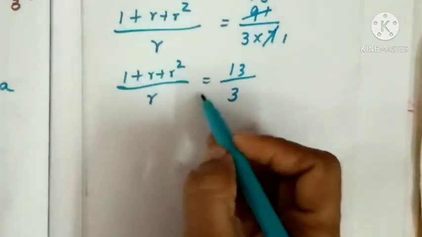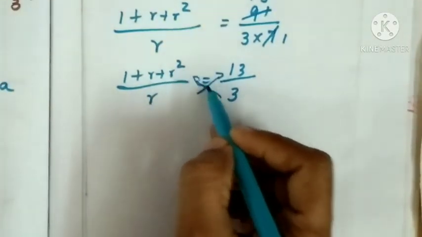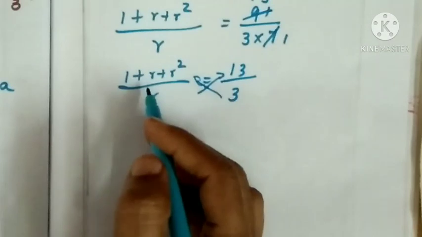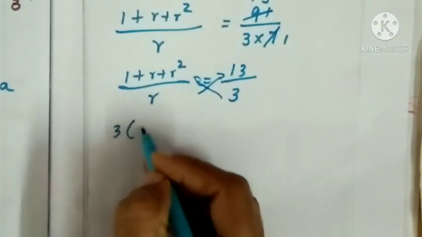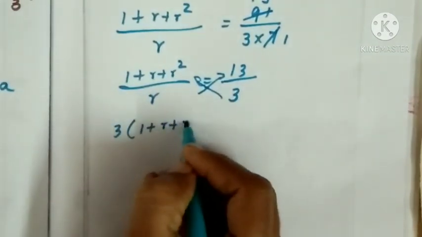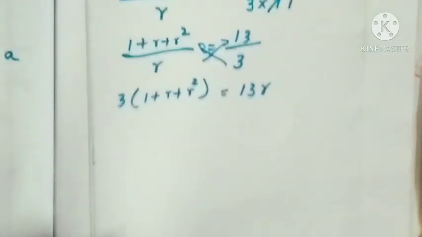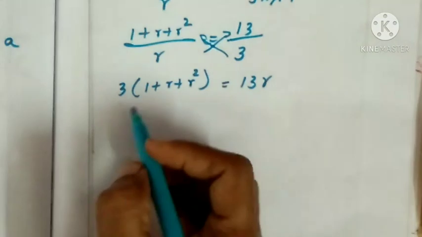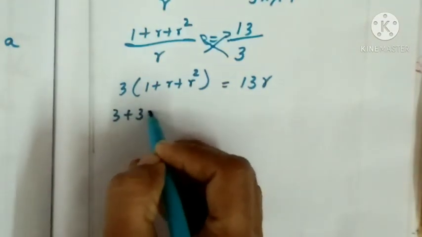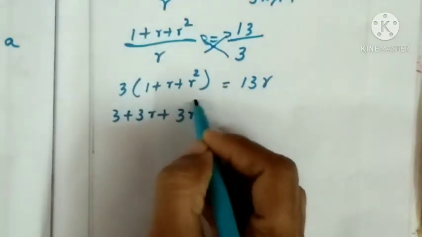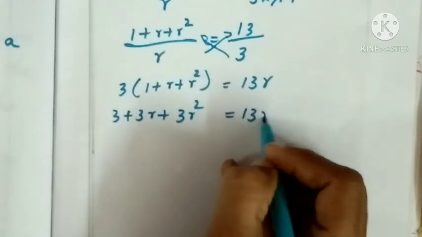Next you have to cross multiply, and we get 3 into 1 plus r squared is equal to 13r. That is 3 plus 3r squared is equal to 13r.